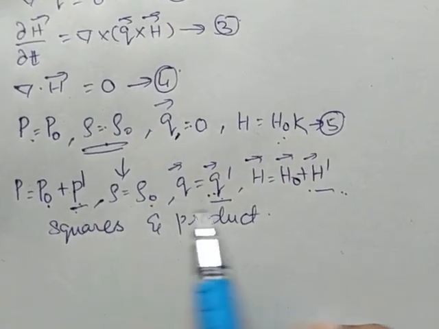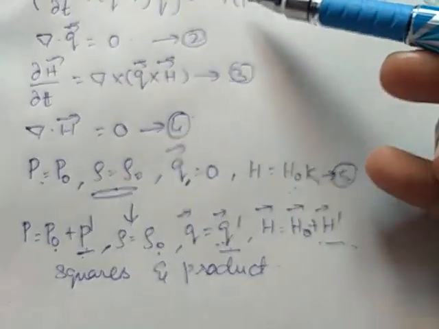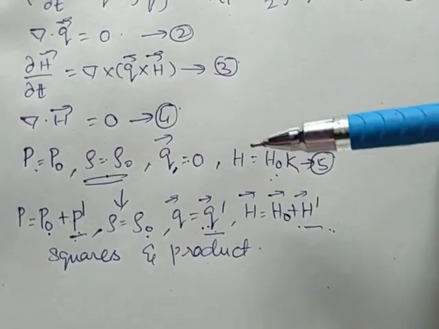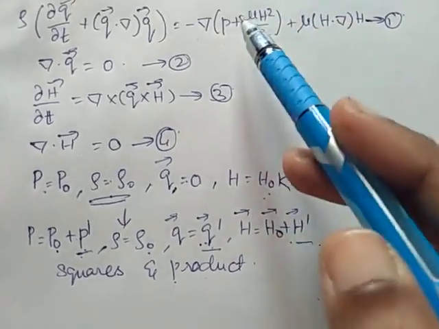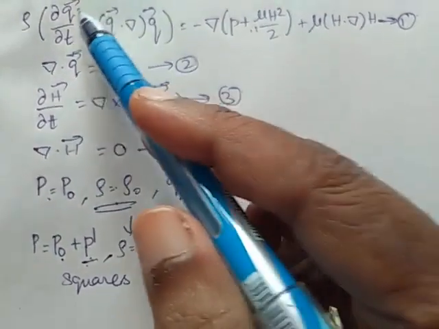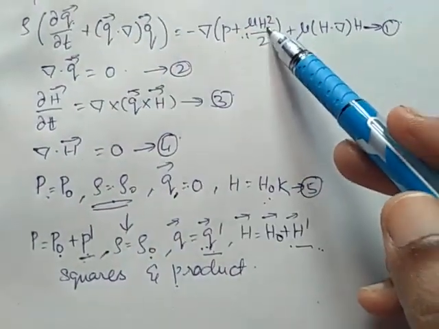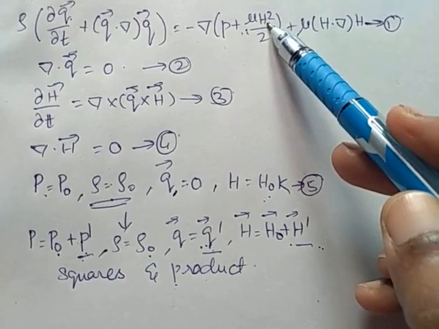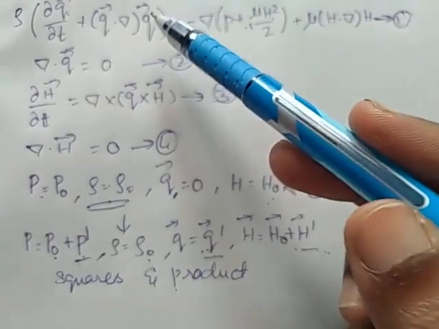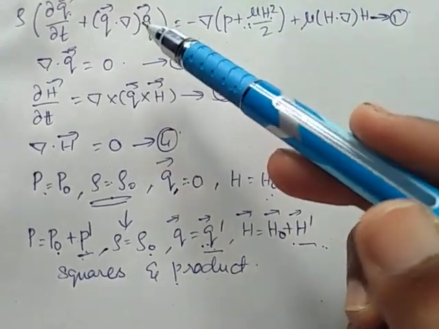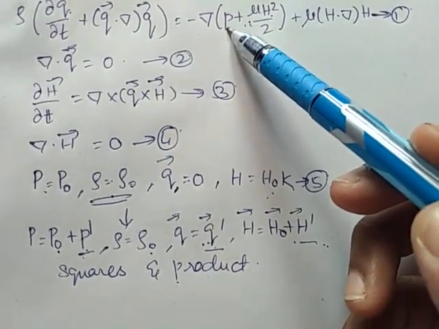Now our pressure, velocity and magnetic field change, so we are going to substitute these values in our basic equations. Q becomes Q dash, H is H naught plus H dash, rho is rho naught itself, and P is P naught plus P dash.